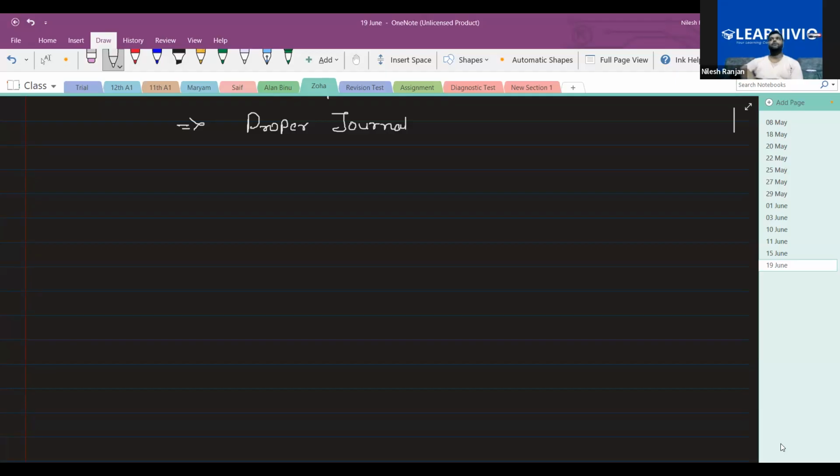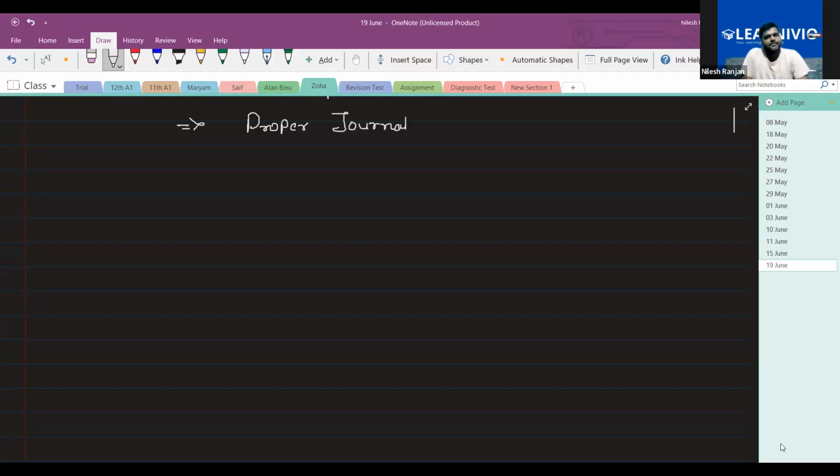If the error is in journal entry, we have to go through all the entries to find it and correct it.